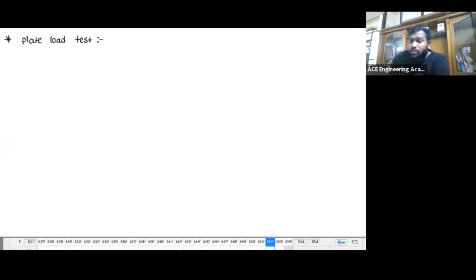But are you going to do the experiment by constructing the actual foundation? No, right? We are not going to do the experiment on the actual foundation.